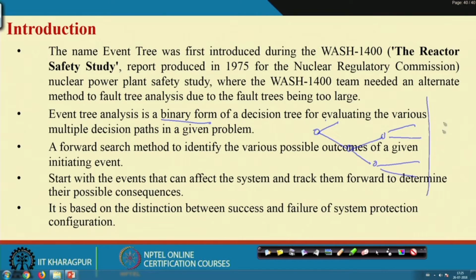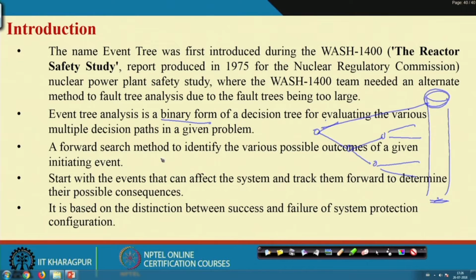Finally, at the end you will find a lot of branches, and at the end you will get a lot of states. These are known as accident states with reference to event tree analysis and safety studies. If it is not a safety study but some other kind of study, you can also use this branching, and the end states will be called scenarios.